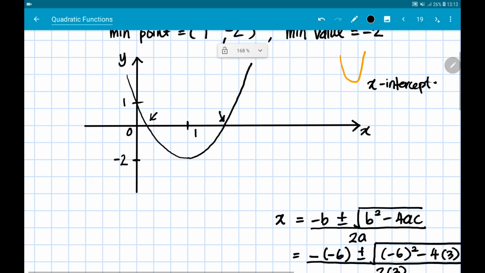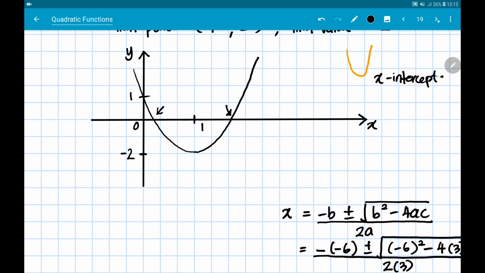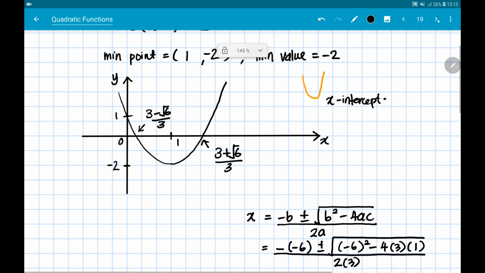The larger number, over here on the right side, is obviously 3 plus square root 6 divided by 3. Of course, in the exam you do not need to put an arrow here, but I just drew an arrow so you know where the number goes. And the number over here will then be 3 minus square root 6 divided by 3. So this is what the graph looks like.